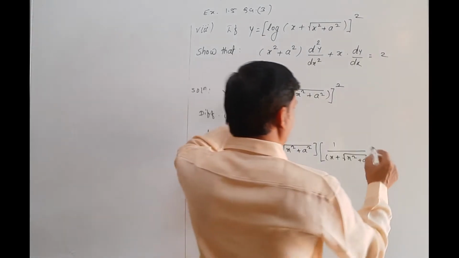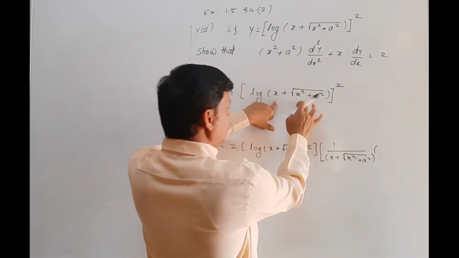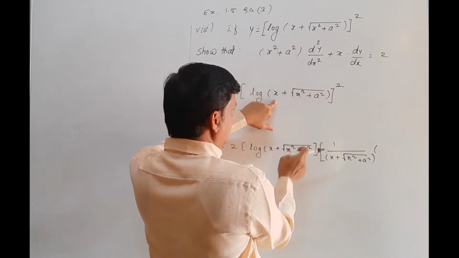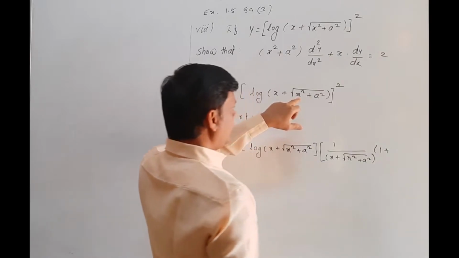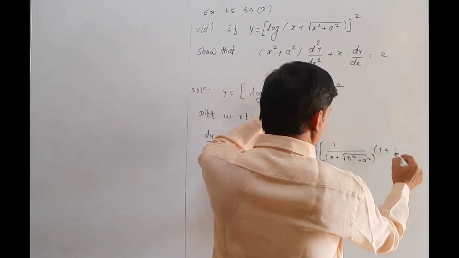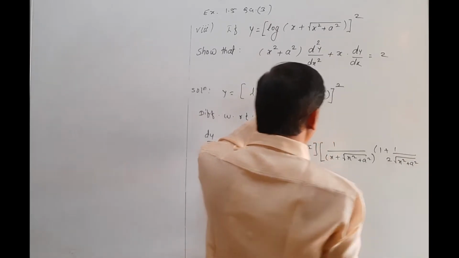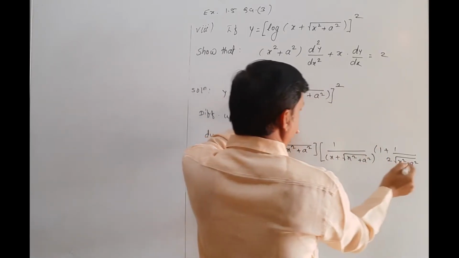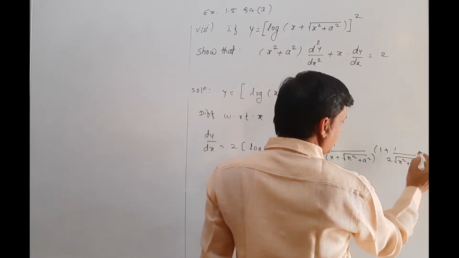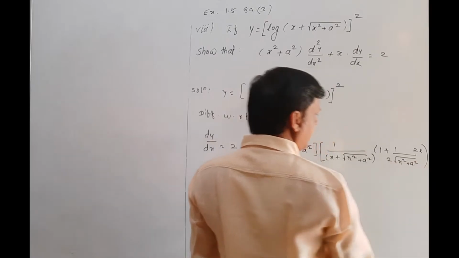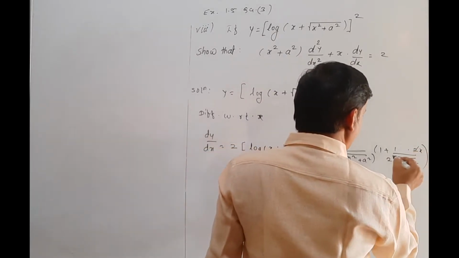So here we find the derivative of the first term plus the derivative of √(x² + a²). The derivative of x, the first term, is 1, plus the derivative of √(x² + a²). The derivative of a root is 1 upon 2 root, so write 1 upon 2√(x² + a²) into the derivative of x² + a², in multiplication to this derivative. The derivative of x² is 2x and the derivative of a² is 0. So here these 2 get cancelled.